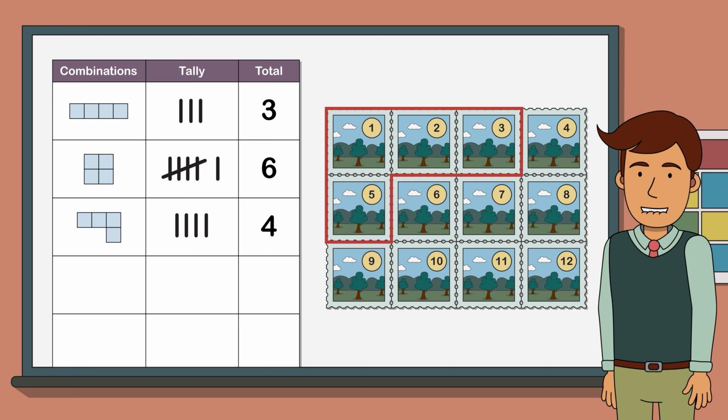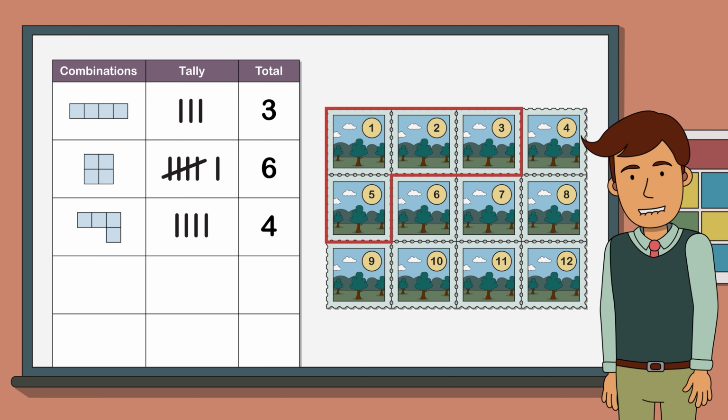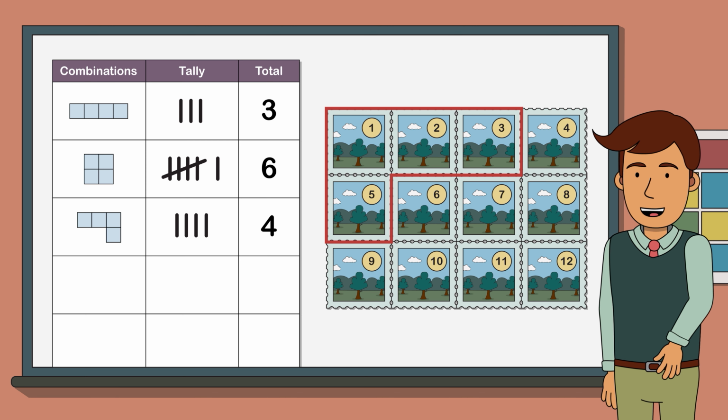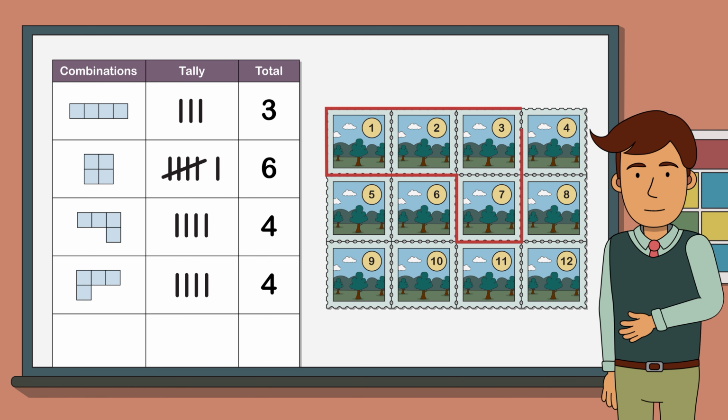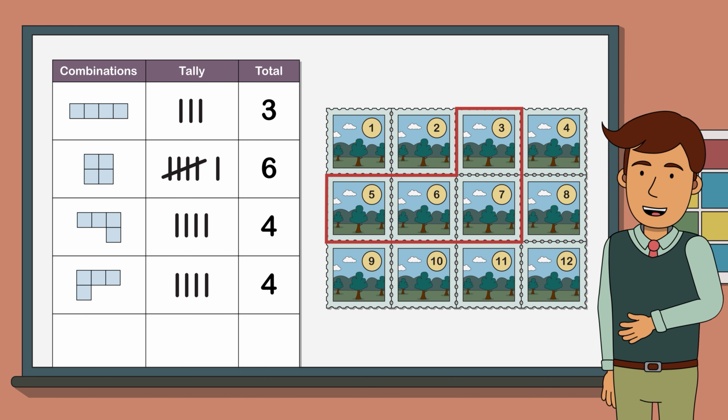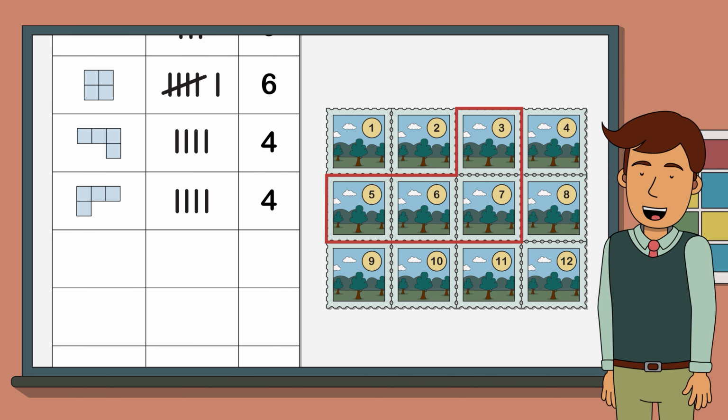However, if we flip this shape horizontally, we can create an entirely new combination represented by the numbers 1, 2, 3, and 5. Let's add this shape to our table. Again, there are 4 instances of this combination. Now, if we flip our 1, 2, 3, and 7 shape vertically, we get another combination with the numbers 5, 6, 7, and 3.